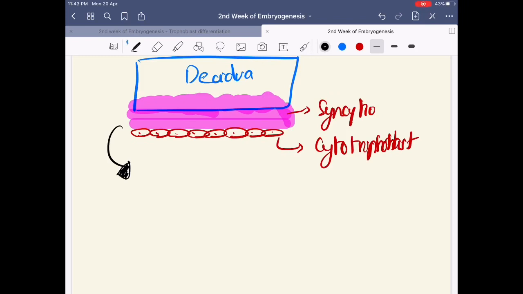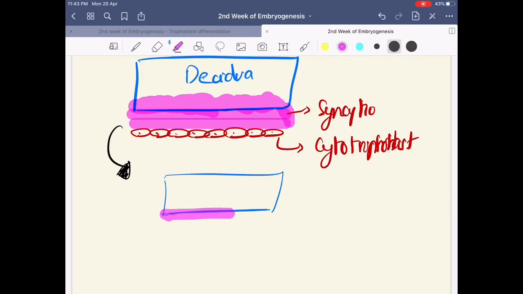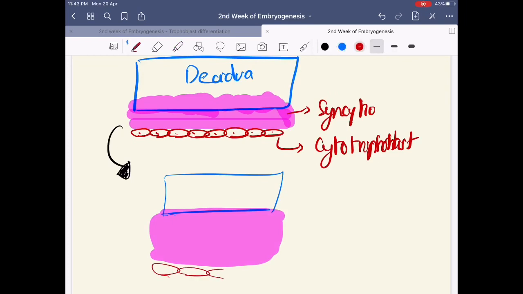Similar to that, here also you have the decidua. This is your decidua, and this is your syncytium or the syncytiotrophoblast. I'm drawing it thicker so that I can draw the lacunae inside it. And of course this is your cytotrophoblast.